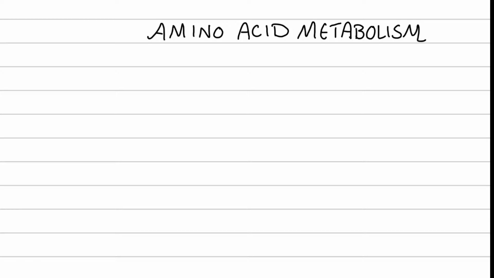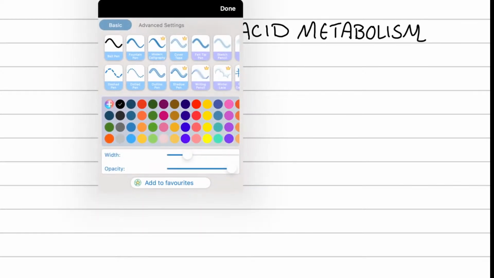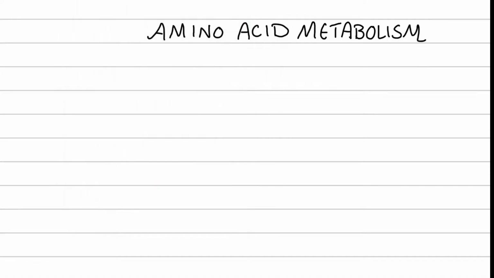An example of an amino acid would be phenylalanine. This thing can turn into something nice: it can turn into tyrosine.